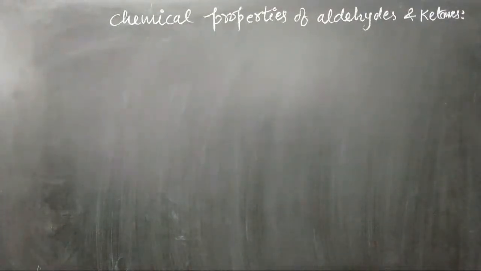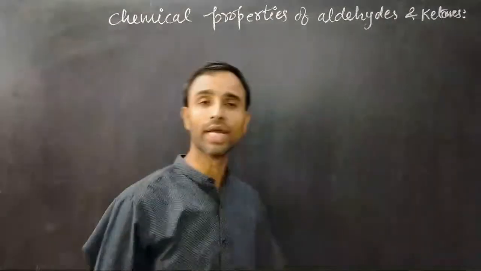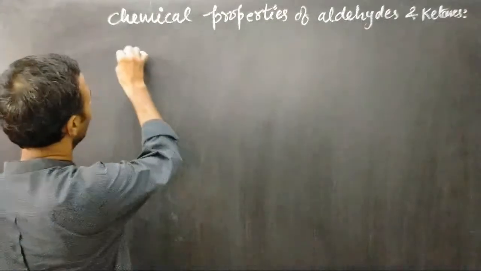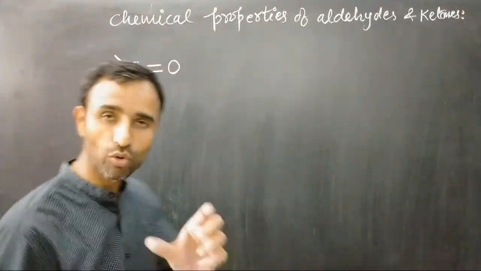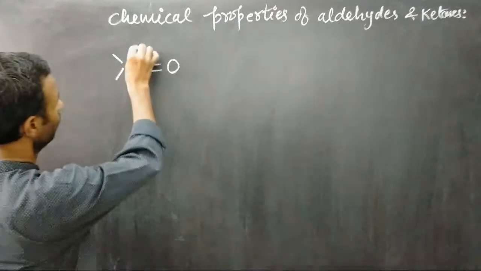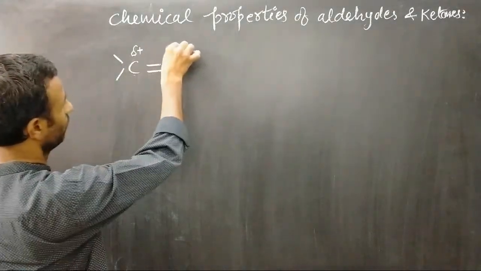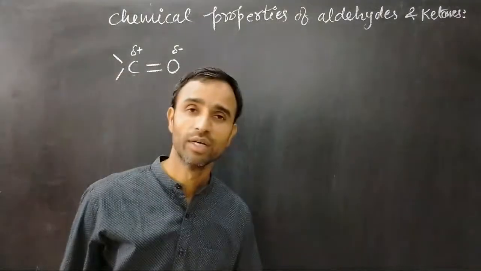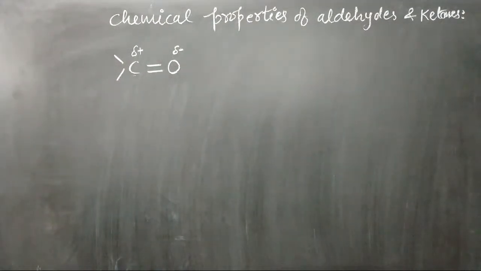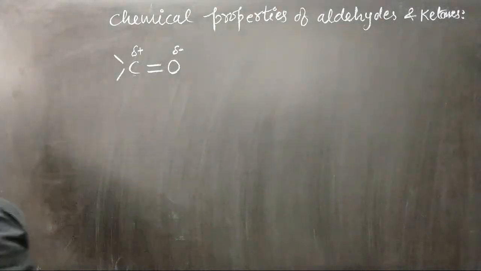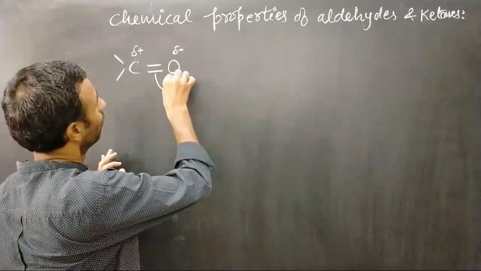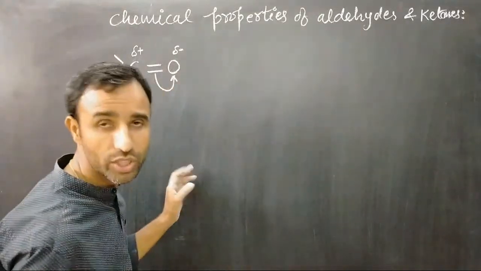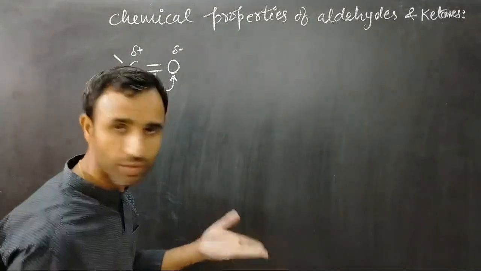Aldehyde and ketone means there is a C double bond O where carbon has partial positive and oxygen has partial negative. So when they have positive and negative charges, the pi bond shifts towards oxygen, right?